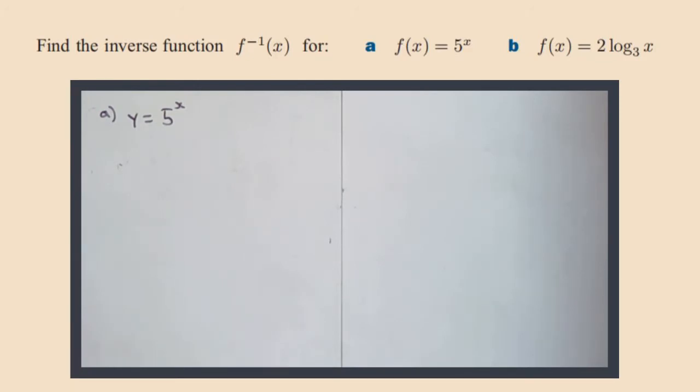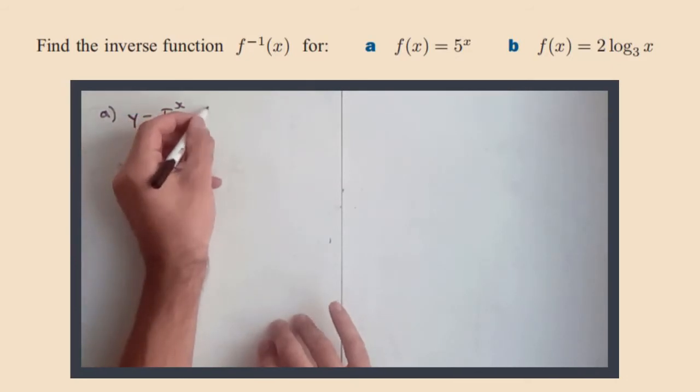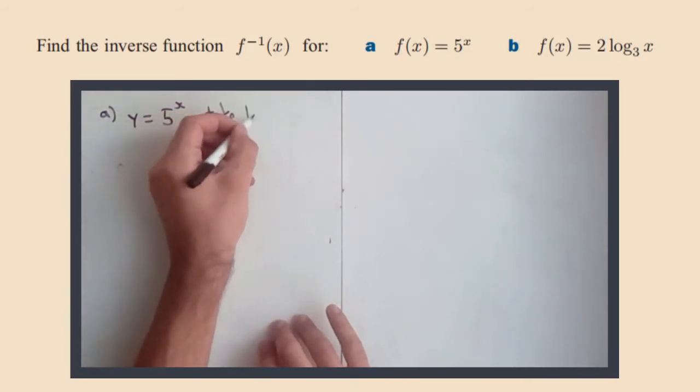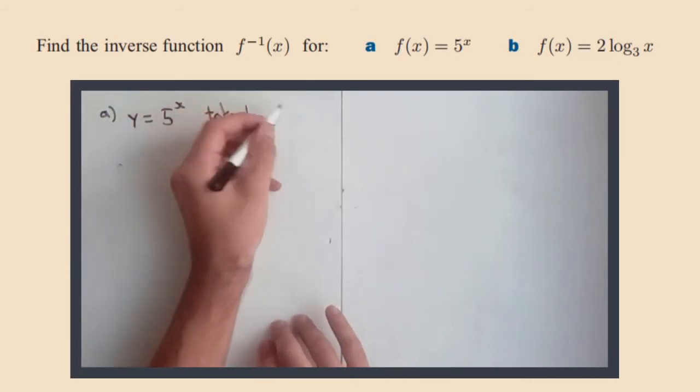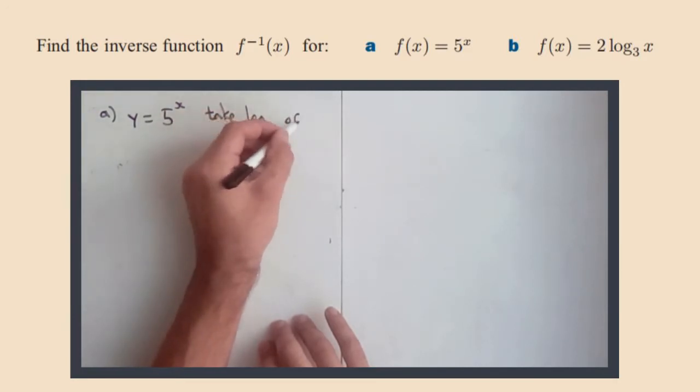Because the inverse function is going to have to involve the base, and the base is the thing that you're raising to a power, which is 5, what I'm going to do is take log base 5 of both sides.